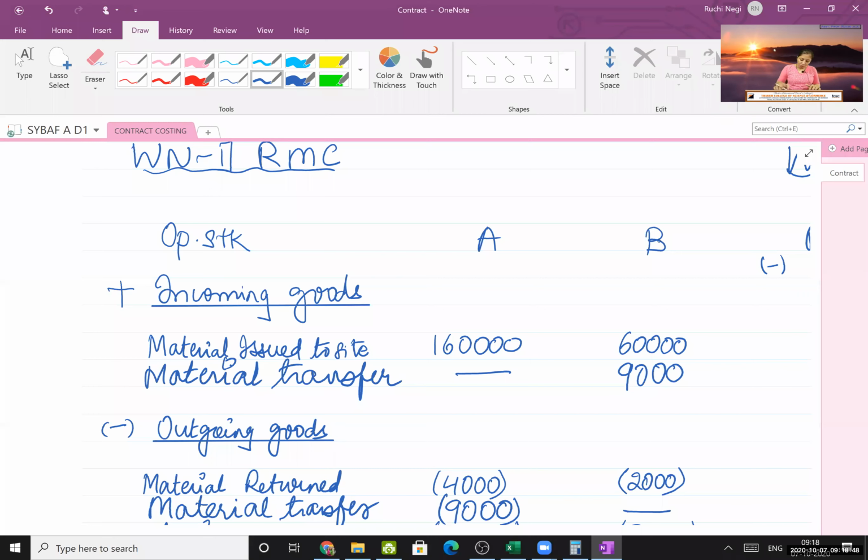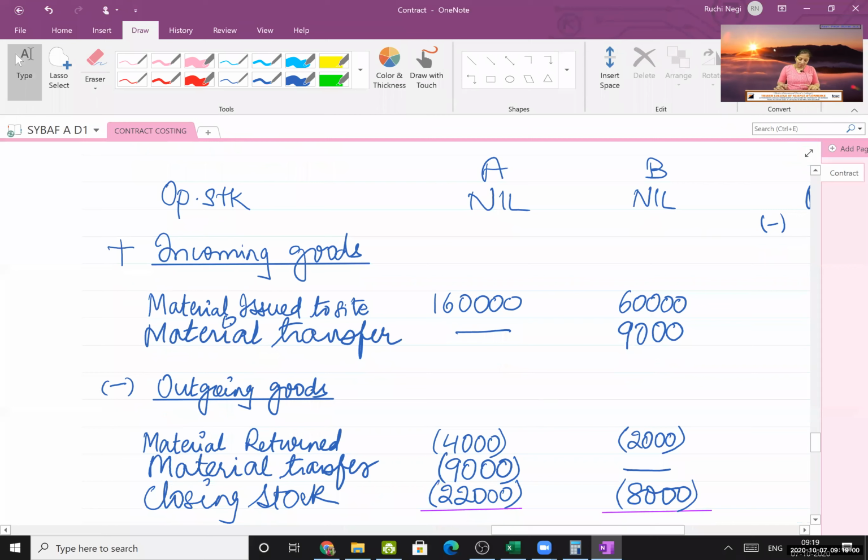So opening stock not there in the sum. So write down nil. Add incoming of goods. Yes, we have material issued to site 1,60,000 and 60,000. Material transfer. B is the receiver. Contract B, material is coming in. So add incoming.